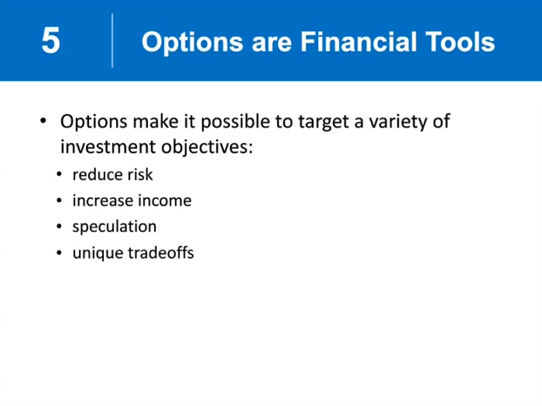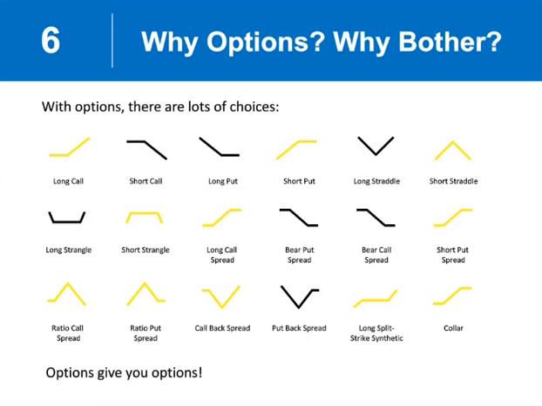The retail investor especially has been using options more and more to generate income in this low interest rate environment. Certainly there are some out there who use options for speculation, and with those different uses and forms, we do have a few unique trade-offs from a risk-reward standpoint.